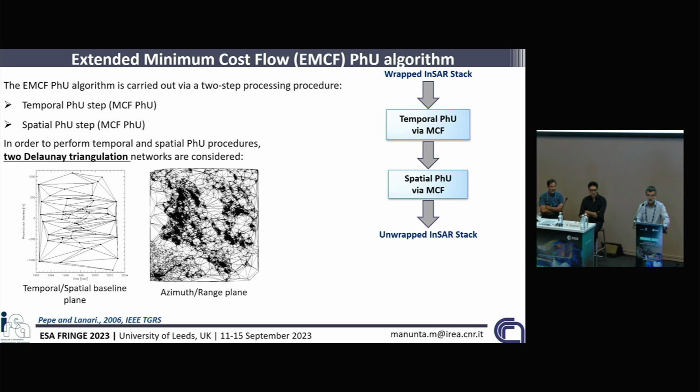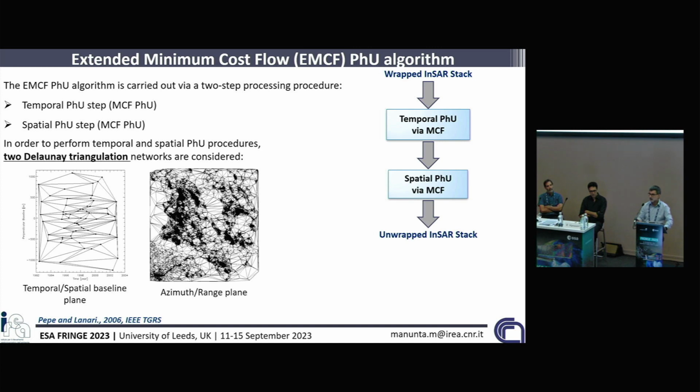The first one is relevant to the temporal domain. It's implemented in the temporal and spatial baseline plane, here on the left graph in the slide. Here each point represents a SAR acquisition, and each arc represents an interferometric pair.